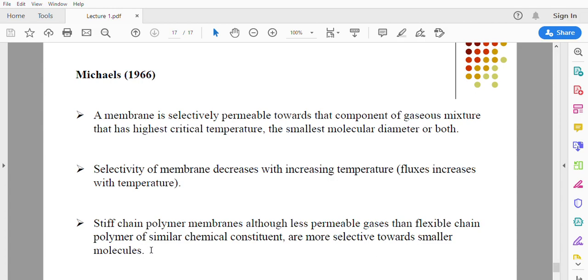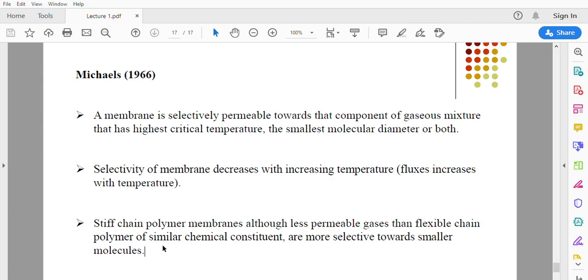In this condition you will get less flux, or lesser stage cut, meaning the amount of gas permeating through the membrane will be less, but you will get higher selectivity for the lower molecular weight compounds. So stiffer membranes give less flux or lesser stage cut, but higher selectivity.